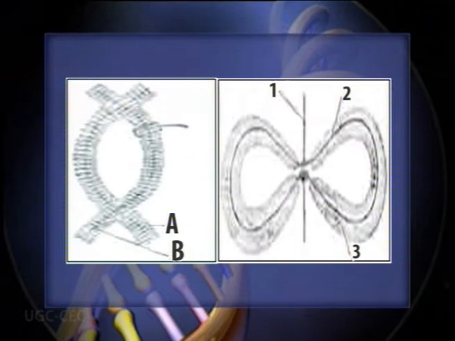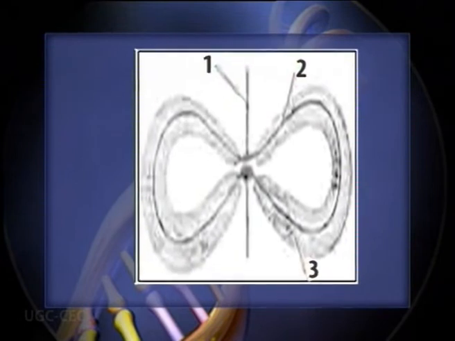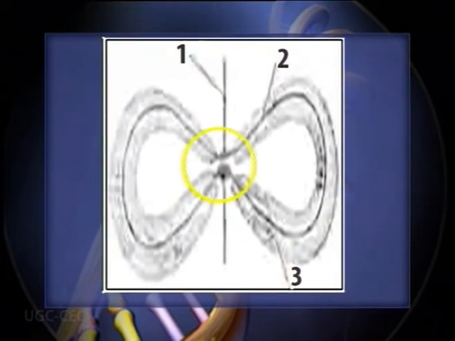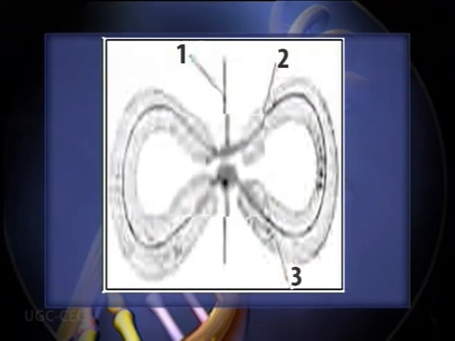A lampbrush chromosome consists of an axis from which paired loops extend in all directions. During the appearance of a lampbrush, the axis consists of chromomeres and interchromomere regions. The loops consist of transcriptionally active DNA which can synthesize large amounts of mRNA necessary for the synthesis of yolk.